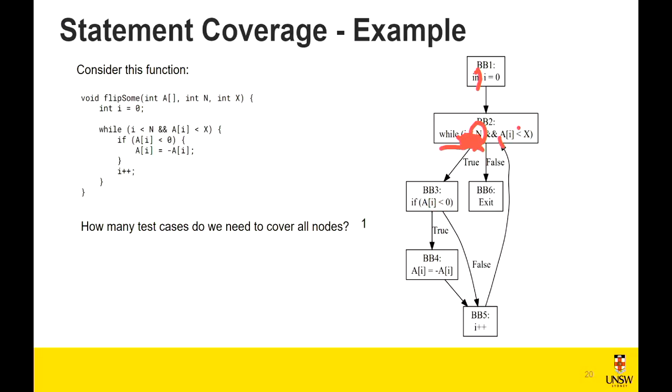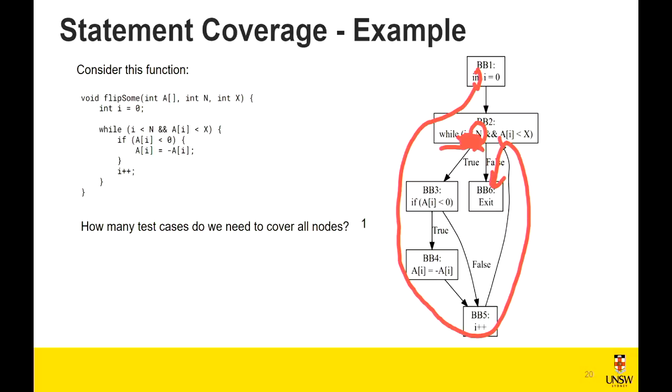Because we can control how many elements we have and the content of the elements of the list, we can use one single test case to go through the loop, to go through all the nodes here. So that's why we only need one test case.